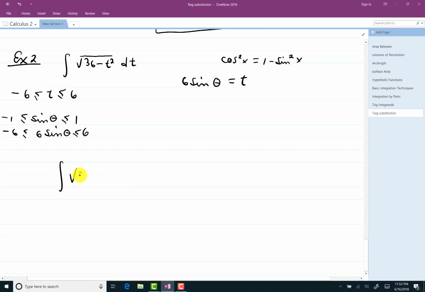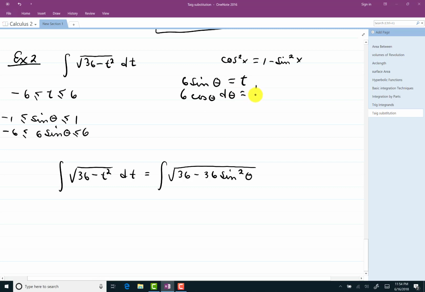The square root of 36 minus t squared dt. Square root of 36. Now t is being replaced by 6 sine of theta. So I'm going to get minus 36 sine squared of theta. And I didn't do a dt yet, but 6 cosine theta d theta equals dt.